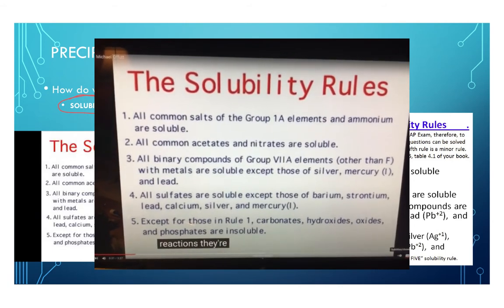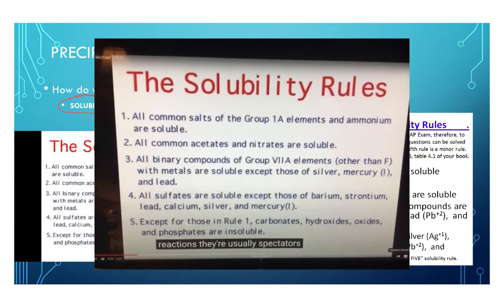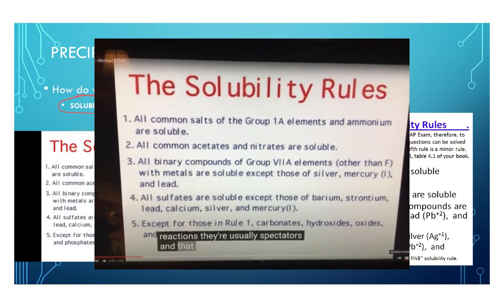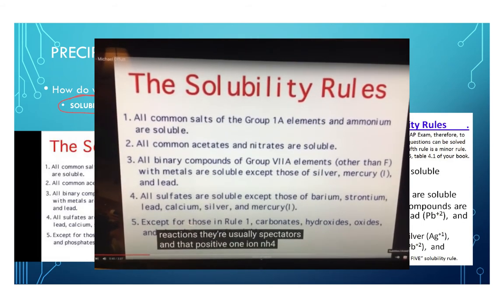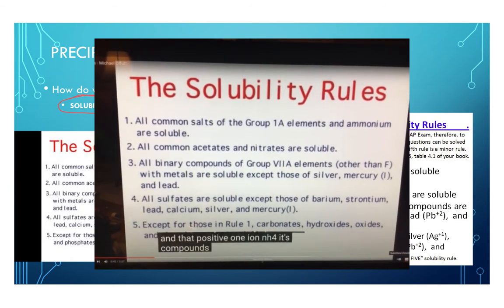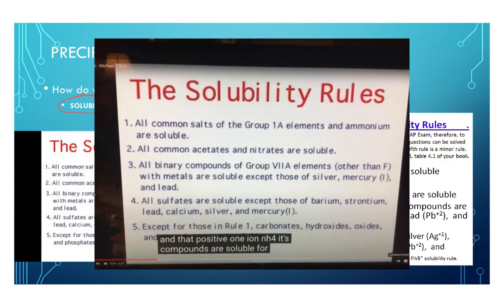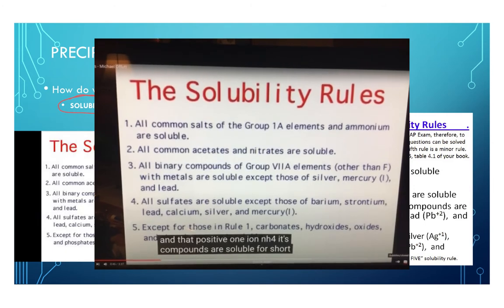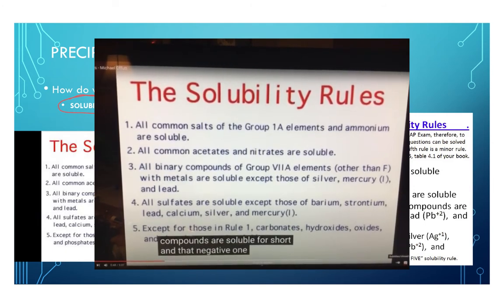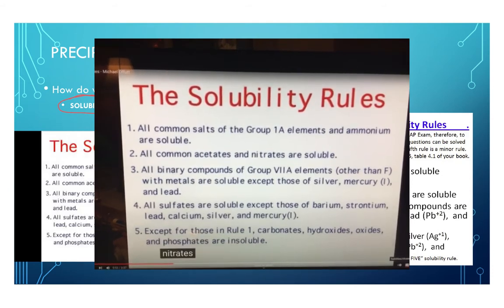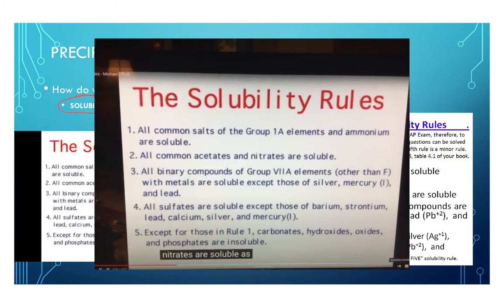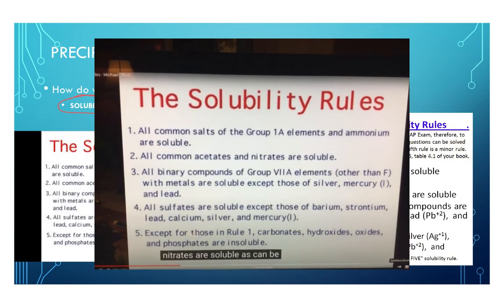In reactions, they're usually spectators. And that positive one ion NH4, its compounds are soluble for sure. And that negative one ion NO3, nitrates are as soluble as can be.